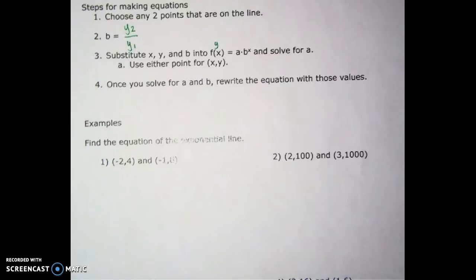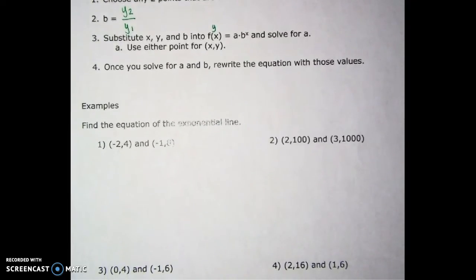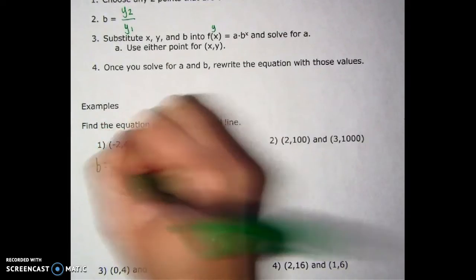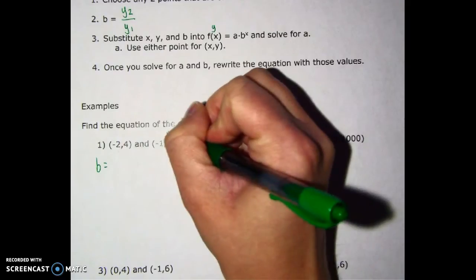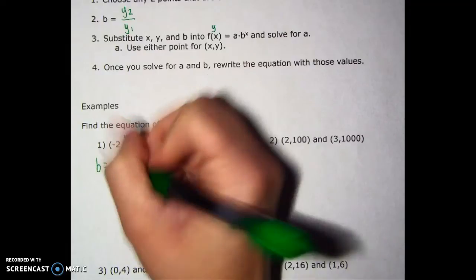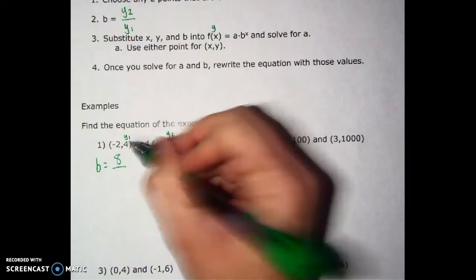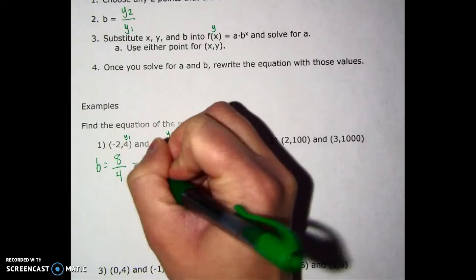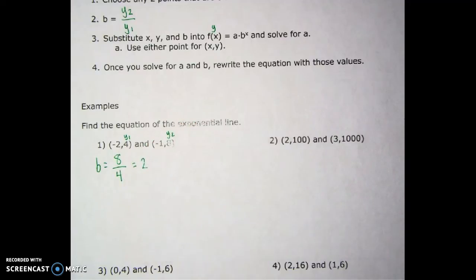So we're kind of skipping step 1. Step 2, b equals y2 is this number right here, y1 is that one. So y2 is 8 over y1 is 4. 8 divided by 4 is 2.